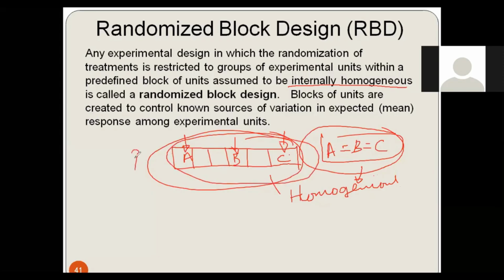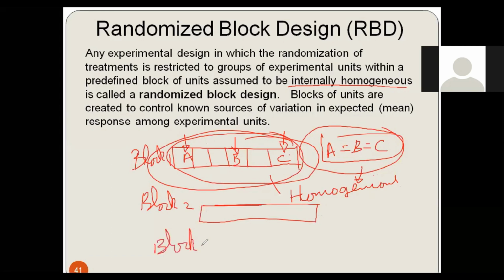So this is block 1. Block 2. We have another set of block. Similarly, the third one, block 3. We have again 6 treatments allocated in each of these blocks.